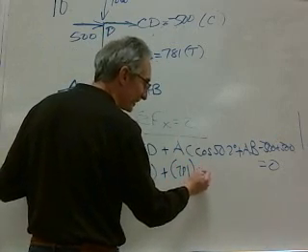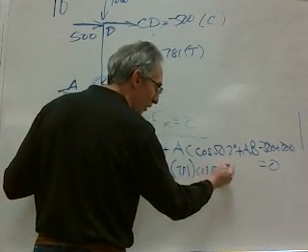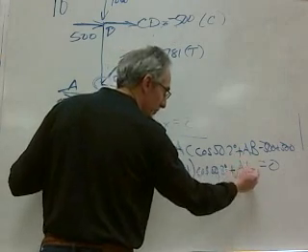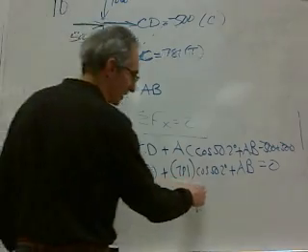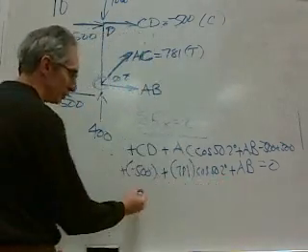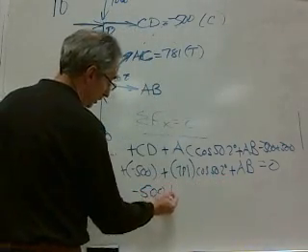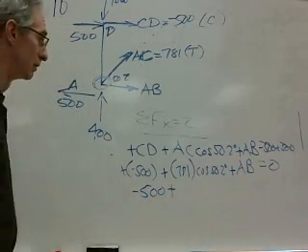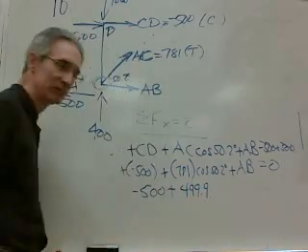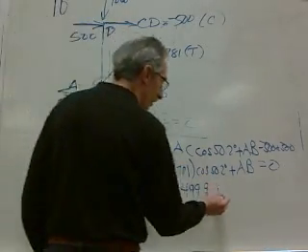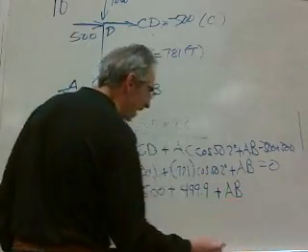Now I have to take the cosine of 50.2 plus AB equal to 0. What's 781 cosine of 50.2 degrees? 499.9, so basically 500. So check this out.